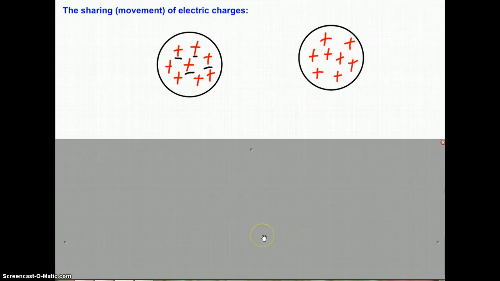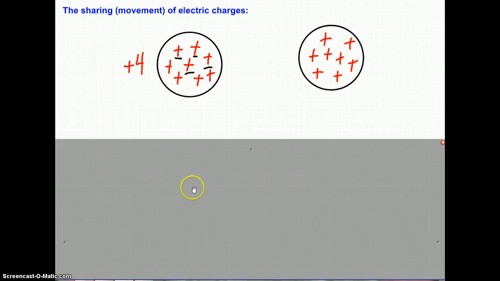We have one object with a bunch of represented charges here on our left, and you can see that these 4 positive charges are balanced out by 4 electrons. But these 4 positive charges do not have electrons. Therefore, we would say that this object has a net positive 4 charge.